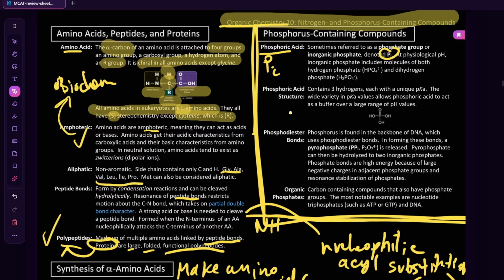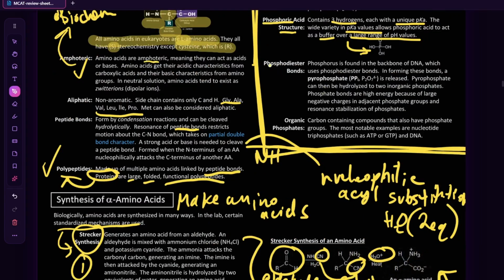At physiological pH, inorganic phosphate exists as a mix of hydrogen phosphate and dihydrogen phosphate. You can think of the 3 pKa values spread across one molecule as meaning that phosphoric acid can accept or donate protons comfortably across a wide range of the pH scale. So then you have your phosphoric acid structure, which looks like that. You have 3 hydrogens, each with a unique pKa, and the pKa values act as a buffer over a large range of pH values, as we just went over.